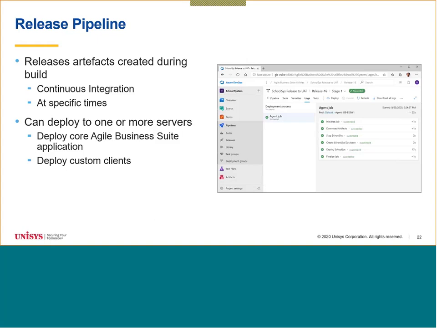And the release pipeline can deploy to more than one server, or deploy to more than one thing, if you like. So we could deploy all the core AB Suite applications to one server, and deploy all the custom client software onto another server. And that can all be controlled and configured through the release pipeline.